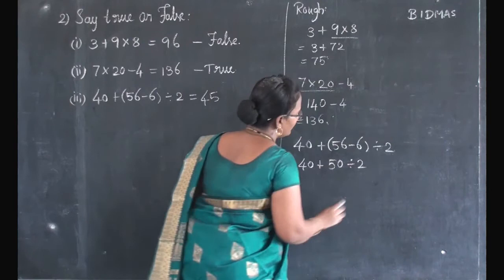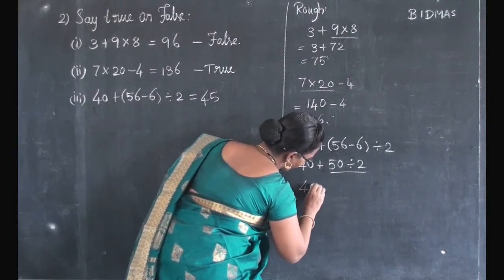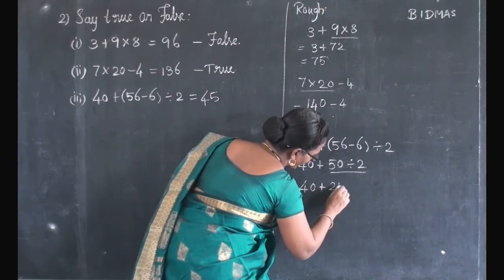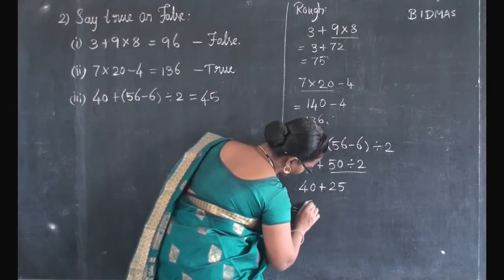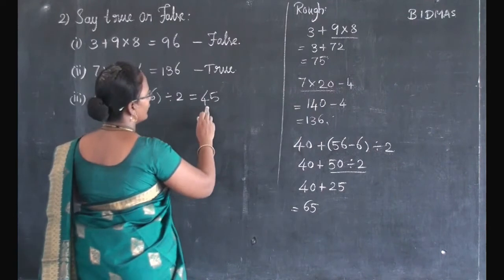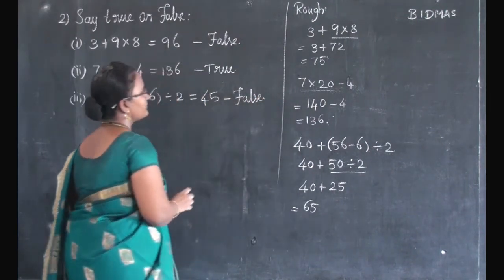So we have to divide first. So divide the numbers first. 50 divided by 2, we get 25. And then the answer is 40 plus 25, 65. But they gave us 45. So that is false.